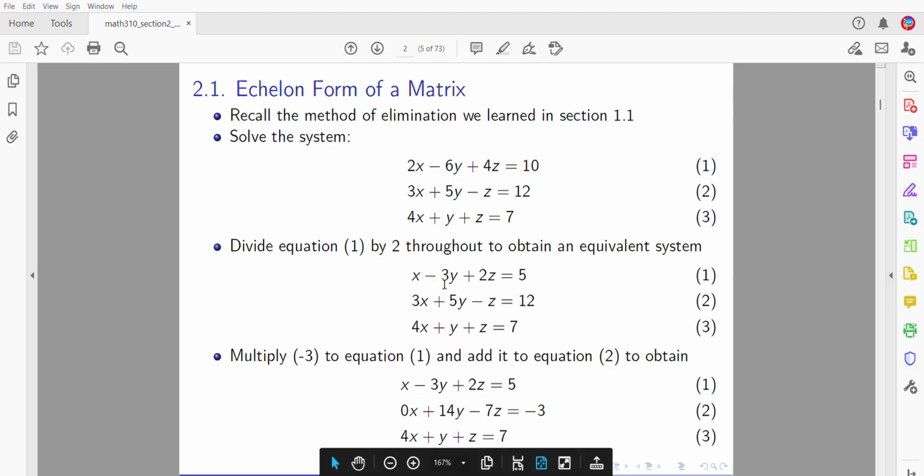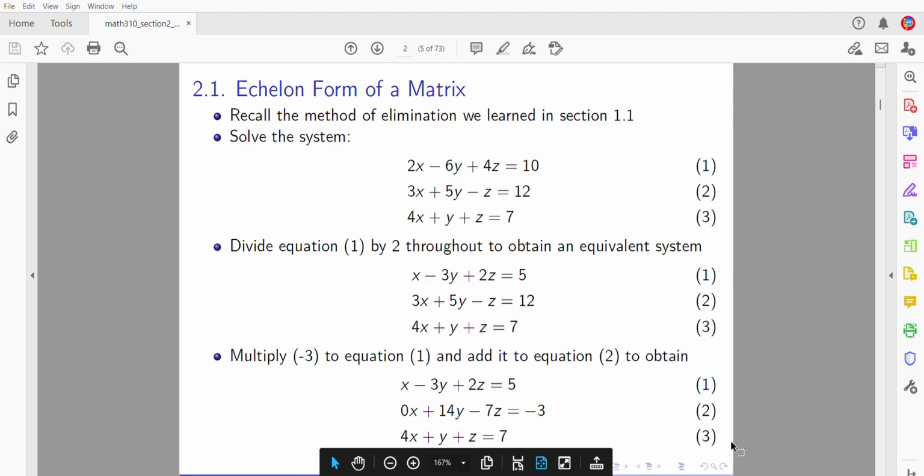Negative 3 times negative 3, positive 9 plus 5 gets me 14 here. Negative 3 times 2 is negative 6, minus 1 is negative 7. Negative 3 times 5 is negative 15, plus 12 is negative 3. So my second equation has changed. First and third equations have not changed.